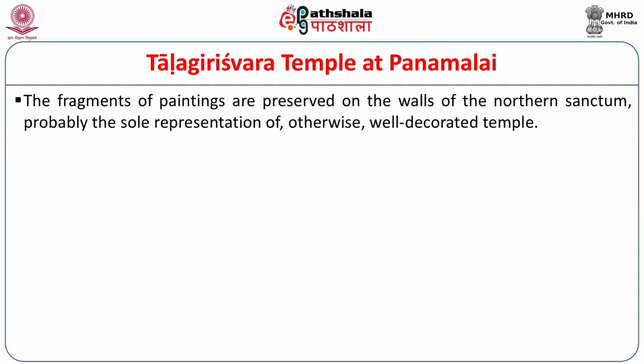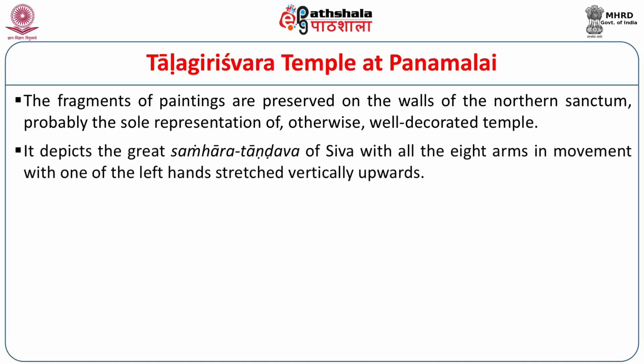The fragments of paintings are preserved on the walls of the northern sanctum, probably the sole representation of an otherwise well decorated temple. It depicts the great Samhara Tandava of Shiva with all the 8 arms in movement, with one of the left hands stretched vertically upwards.